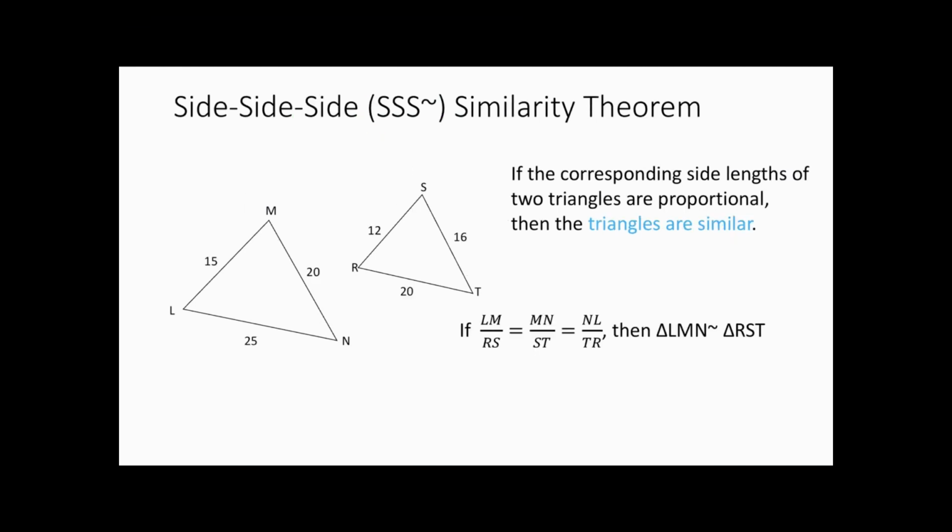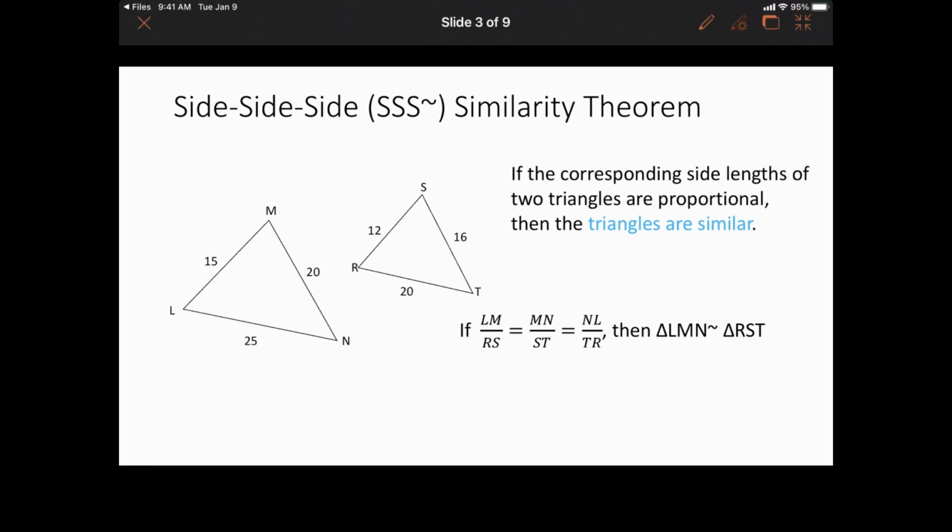The next one is side similarity, and it's a theorem. Now this one's different. So if the corresponding lengths of the sides of two triangles are proportional, all right, so proportional, not congruent, proportional, then the triangles are similar.